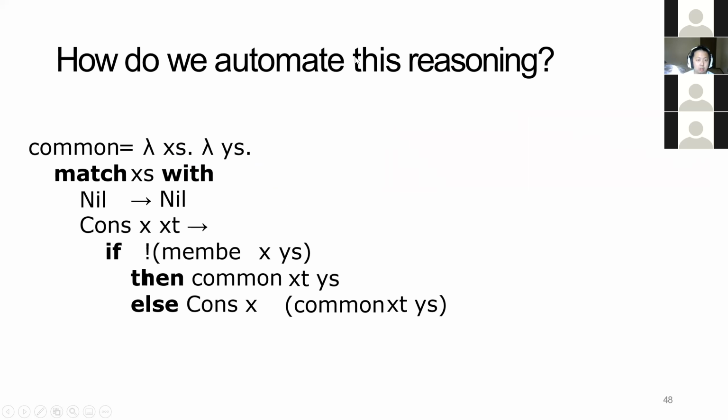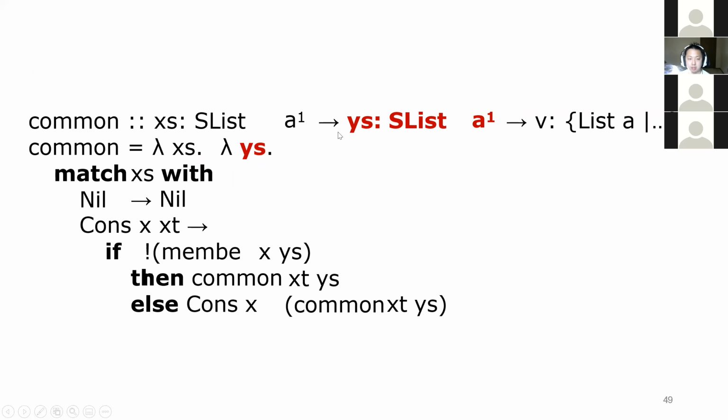How can we reason about the overall resource usage? Let's recall that this is the type signature of the common function. The total potential we have is the size of xs plus the size of ys.